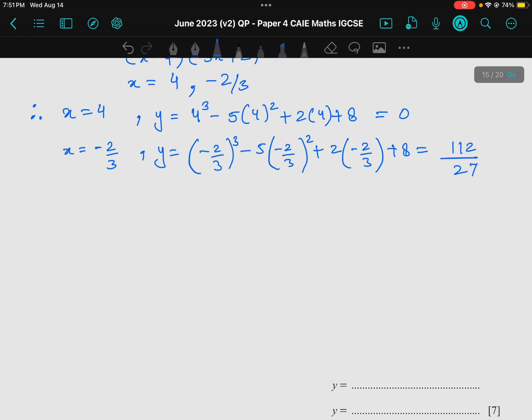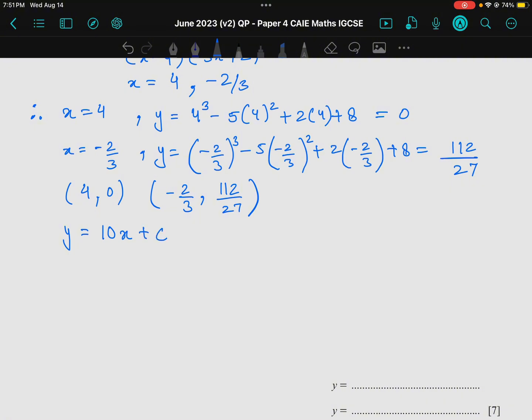So that means the 2 points are, when x is 4, y is 0, and when x is minus 2 upon 3, y is 112 upon 27. So y equals mx plus c. The value of m is 10, so y equals 10x plus c.